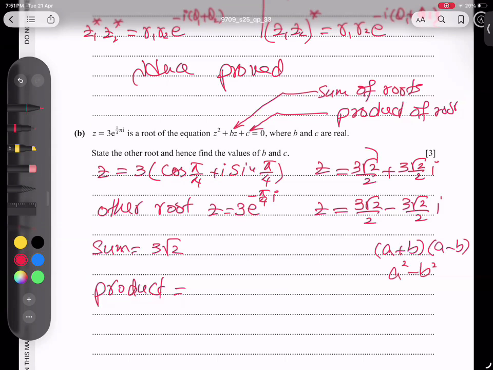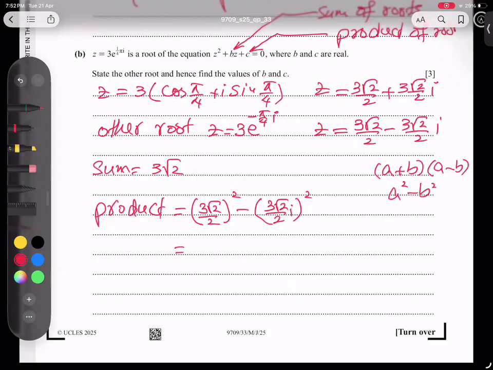Look, the first term is the same, correct. The second term is the same, correct. The sign is opposite, correct. So square of the first and square of the second. I'm doing it like this. If you want to do the longer way, you can multiply them even, no problem at all, but it takes a lot of time.